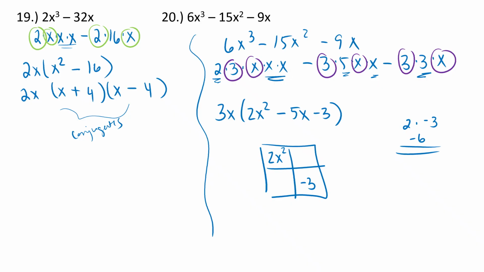Now we need to be very, very careful on this one because we have 2 potential combinations of things that could work. My factors of 6 are 1 times 6 and 2 times 3, but both of those can give me a negative 5. If I have a positive 1 and a negative 6, positive 1 plus negative 6 will give me a negative 5, okay?